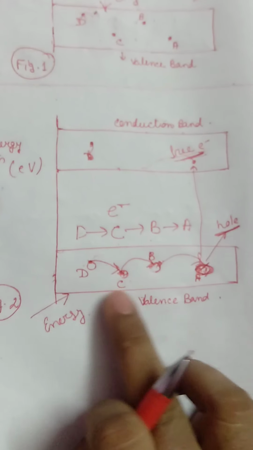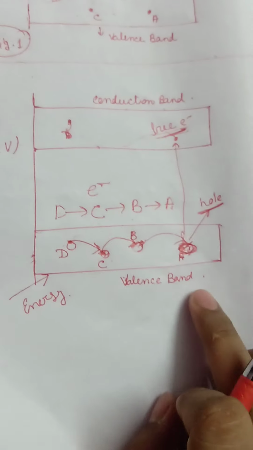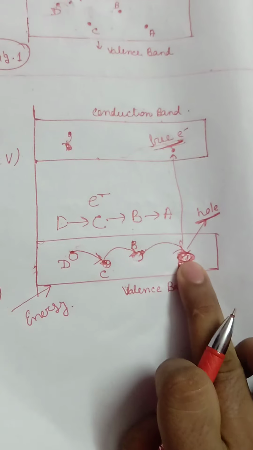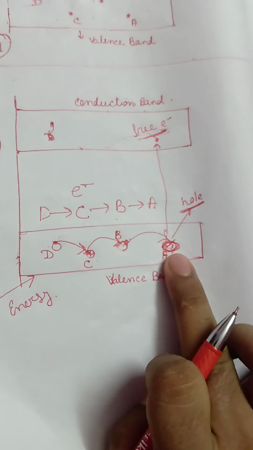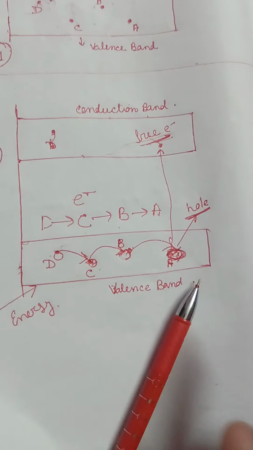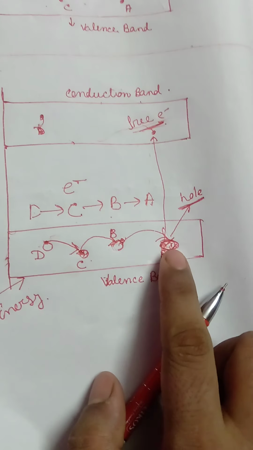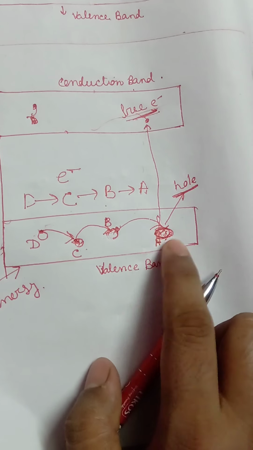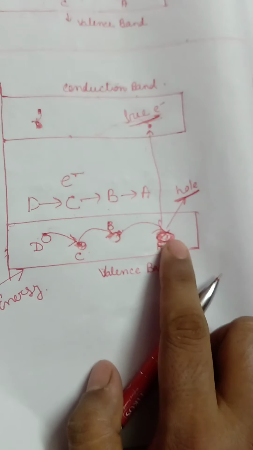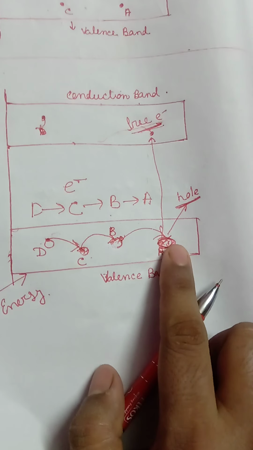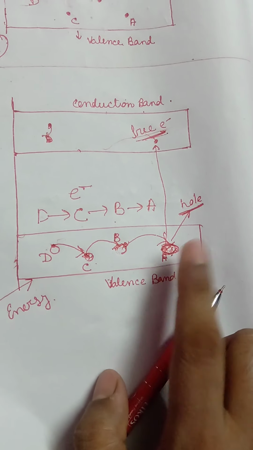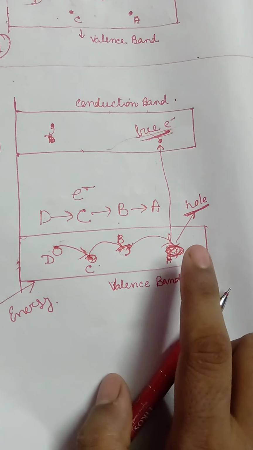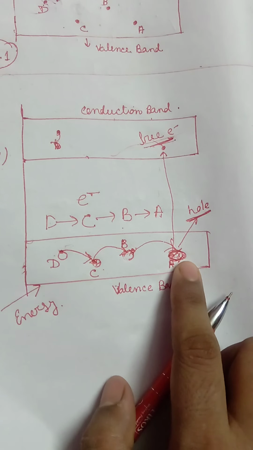Again you can see that when you are applying the energy, then the covalent bond has got a sufficient amount of energy and it breaks. As soon as it breaks, it creates a hole here or vacancy here. That vacancy is the hole, and the hole has the same magnitude of the charge as that of an electron.